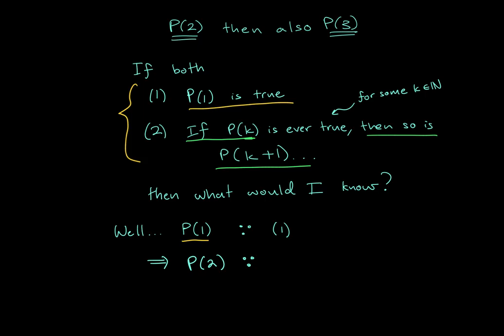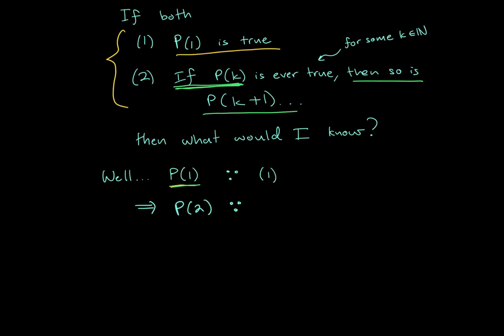Because since p of 1 is true, I know that this is accomplished. If p of k is ever true for some number, then I definitely know the next one is true. That would be because of this second statement right here. But wait a second. If p of 2 is true, then p of 3 also has to be true, again because of this second statement.